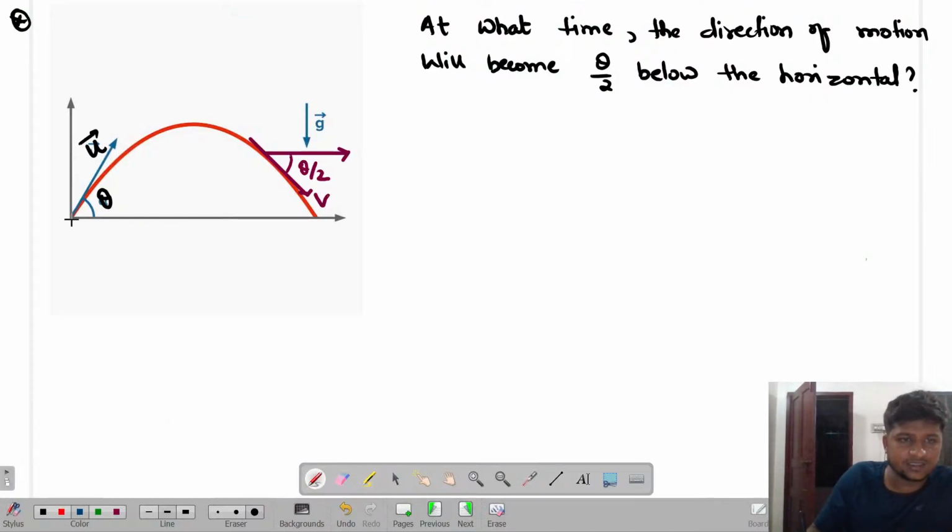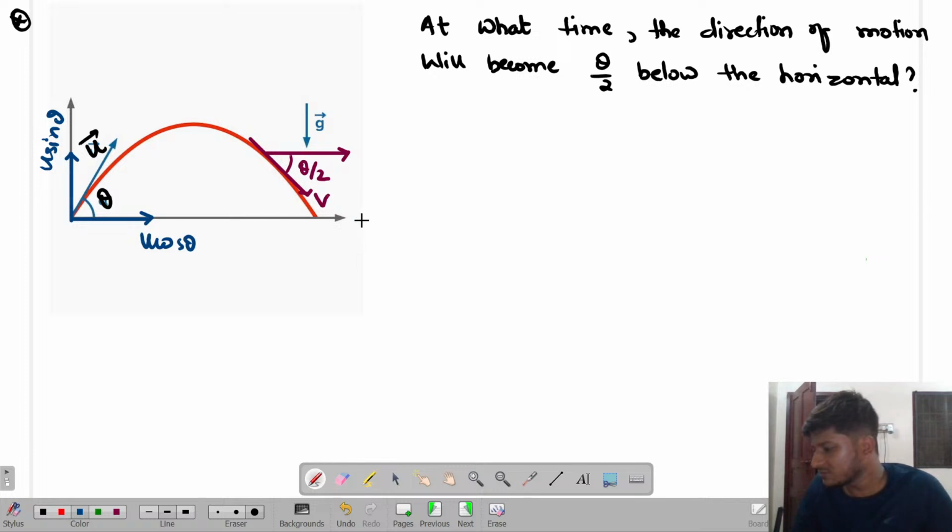That we can see that this is u cos theta and this is u sin theta. I want the direction of motion theta by 2.